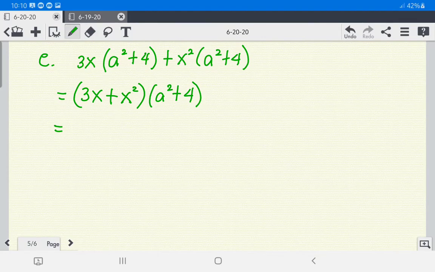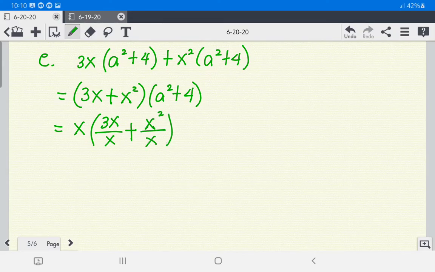So we have x. For the other factor, you get the first term of the binomial, 3x, then divide by the common monomial x, plus the second term, x squared divided by the common monomial x, then times a squared plus 4.